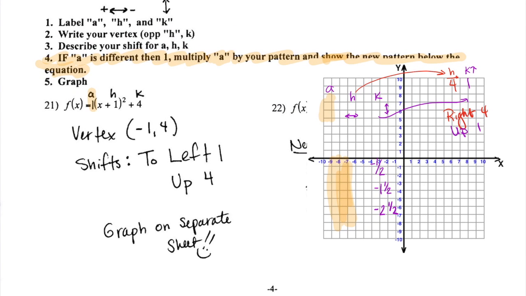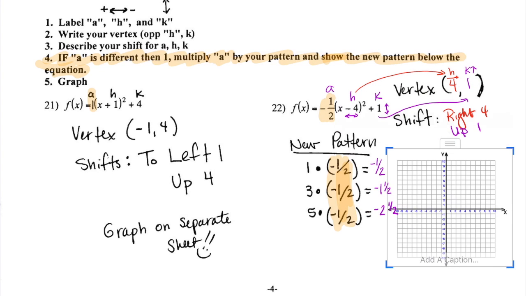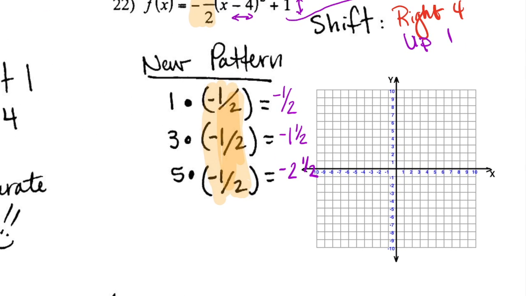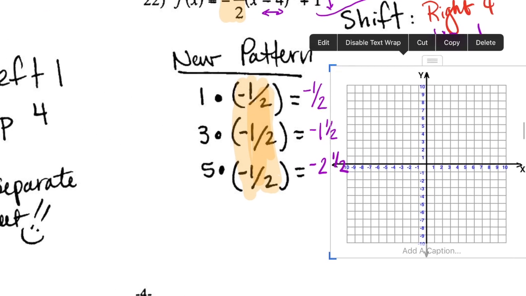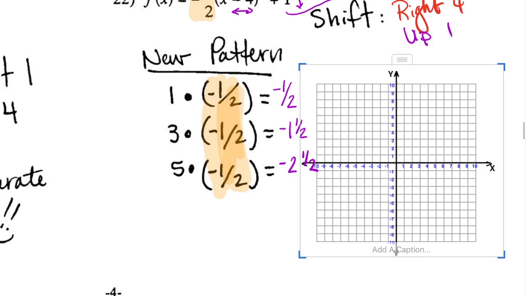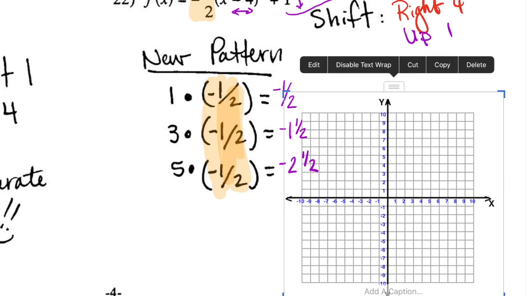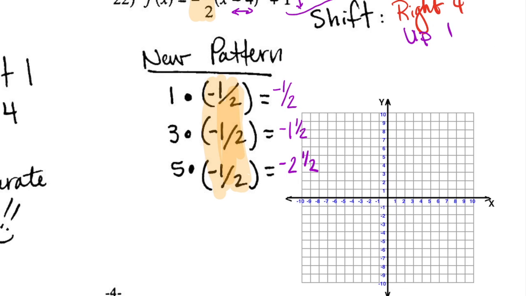Yikes. Okay, see if I can shift that around a little bit. It's okay if our pattern is kind of overlapping it, as long as we can get in there.